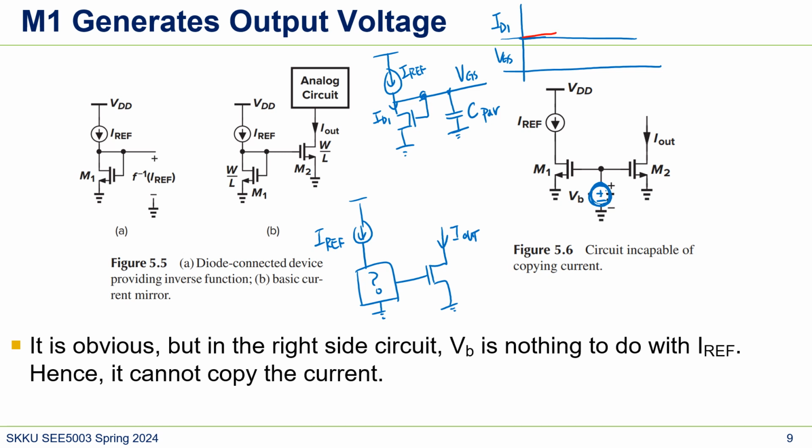At the very beginning, let's say ID1 is 0, and then we increase ID1 to IREF. If the current is 0, assuming that the start of VGS is 0, okay? So here is 0 and 0. Once the current starts to flow, this voltage here will go up, and it will settle at VGS1, our target.